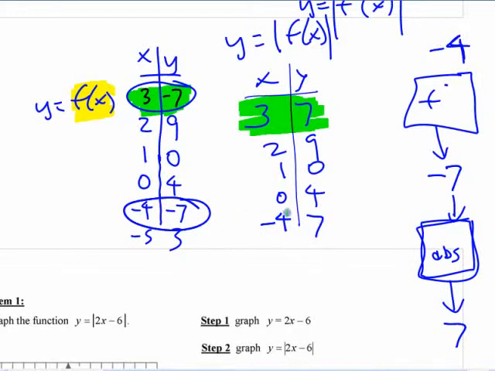I bet a lot of you wanted to say, well, you're not allowed to have this negative here if it's absolute value. This x value doesn't change. The y value changes, right? You're still putting in a negative 4. It doesn't change that. It changes the y value. It's happening after you've applied the function. All it does is it says whatever comes out, we're considering them all to be positive.